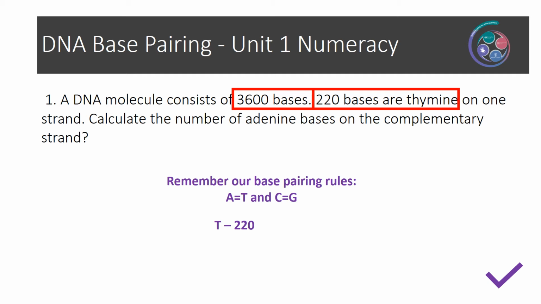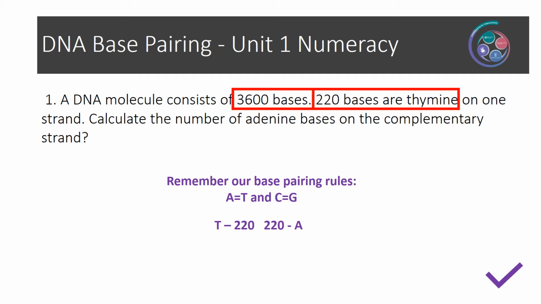Again, I would list the bases down the left-hand side of one strand and any information I know. So from the question, I know that there are 220 bases which are thymine on the one strand. This helps me then calculate how many adenine bases are on the additional strand, which is complementary.